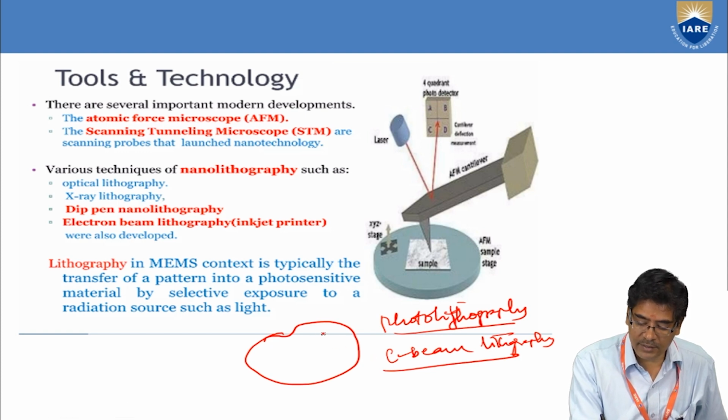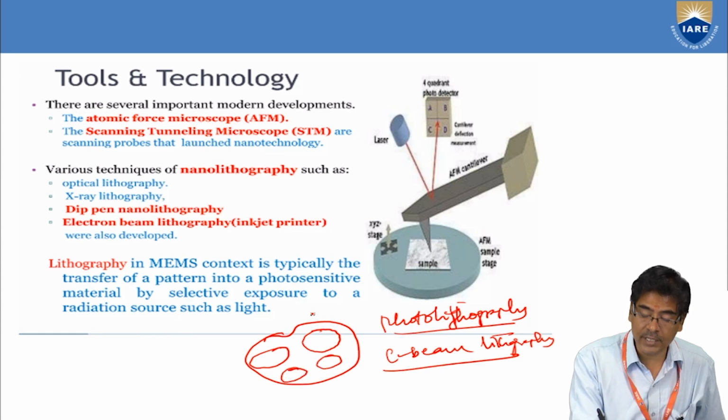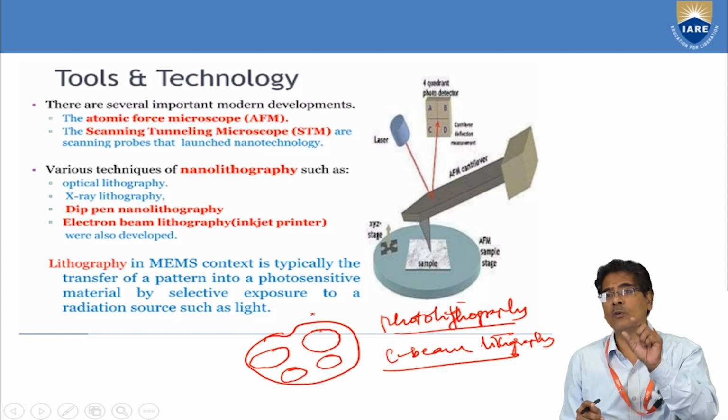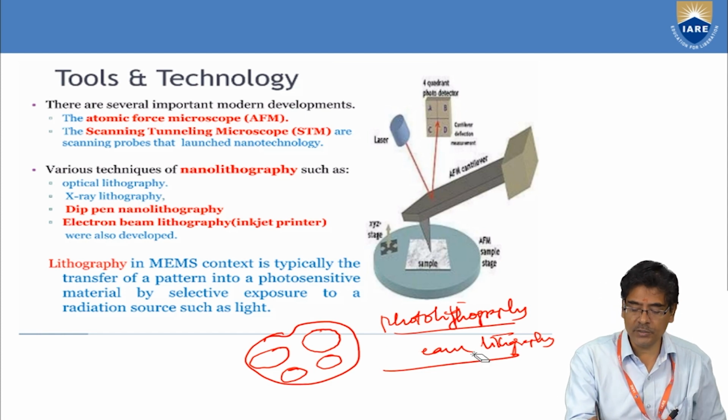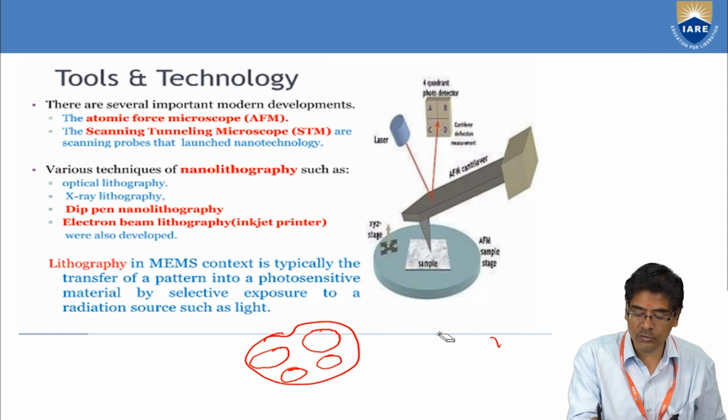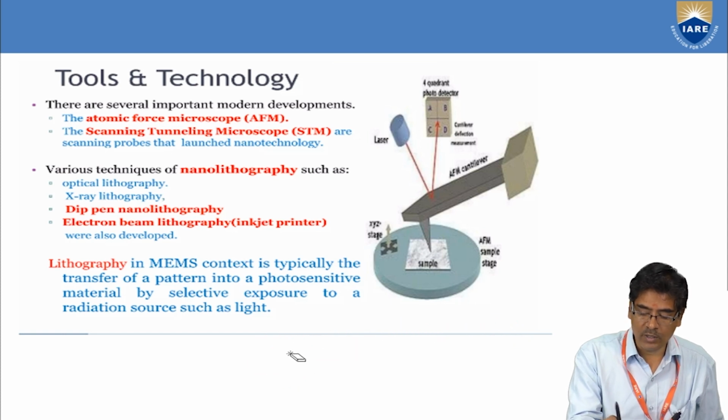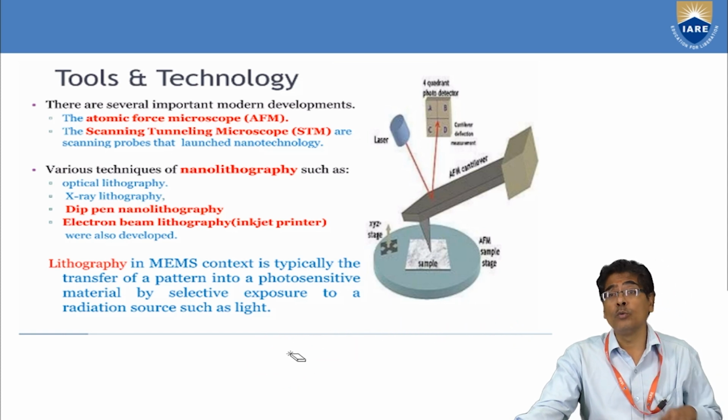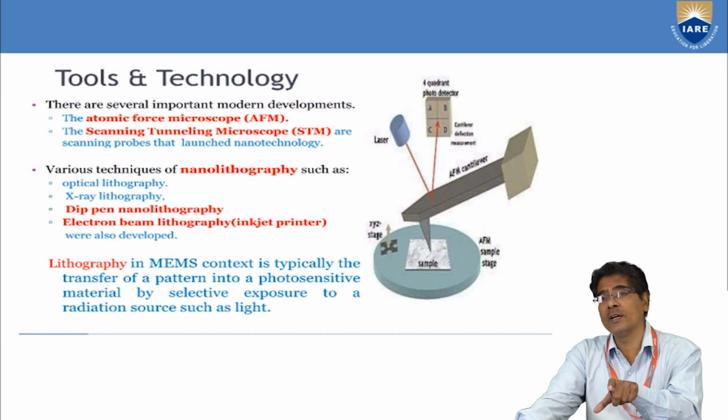That means the design. If you want to make a nanostructure on the silicon wafer, E-beam lithography will write on it with certain nanometers, whatever dimensions you give, to write on that particular silicon wafer, right?